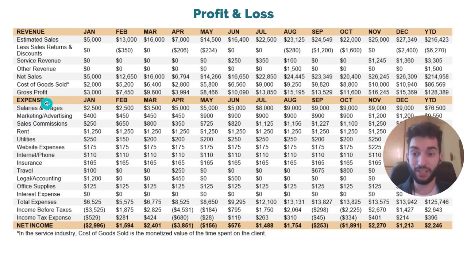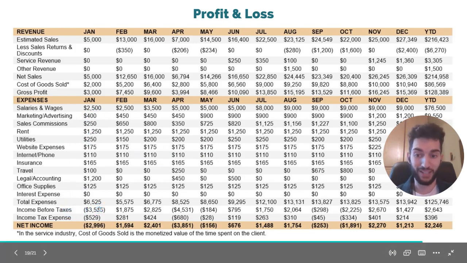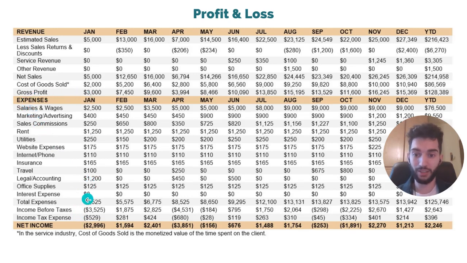From that, we have expenses. Expenses can be many: salary and wages, marketing, and so on, right? Those are divided by month and determine the total expenses. From that, we can determine the income before taxes. The income before taxes is very easy, all right? It is our gross profit minus the total expenses.